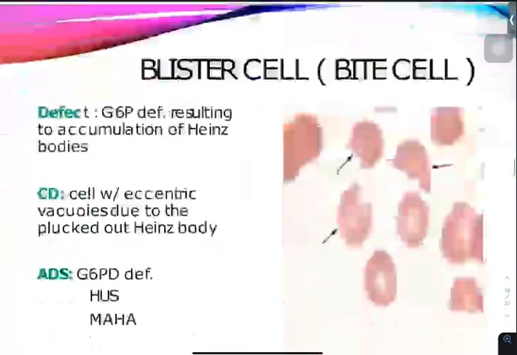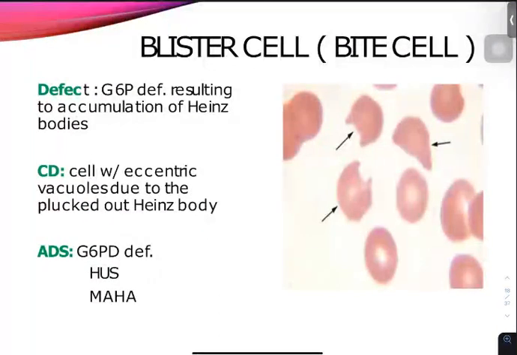Blister cells known as your bite cell. Bakit bite cell? Kasi mukha siyang kinagatan. Mukha may kagat. Okay? Defect is your G6PD. Okay? Your glucose-6-phosphate dehydrogenase deficiency.